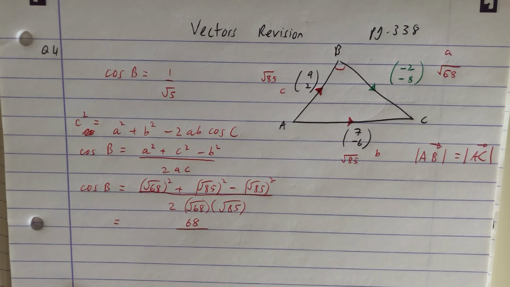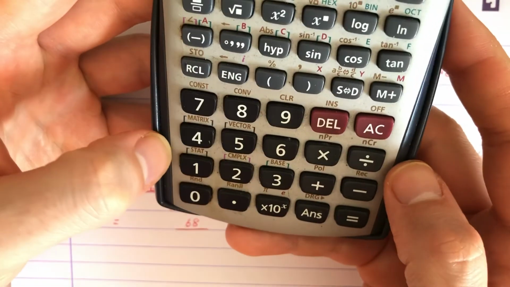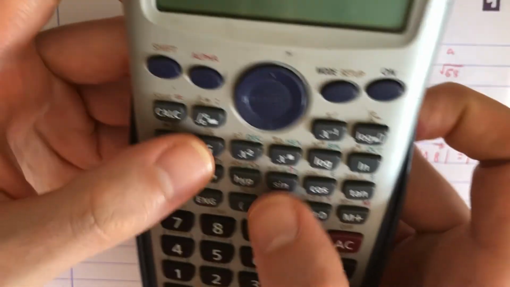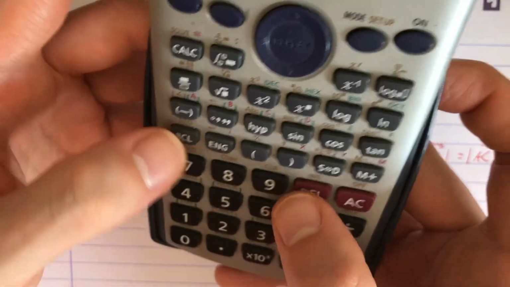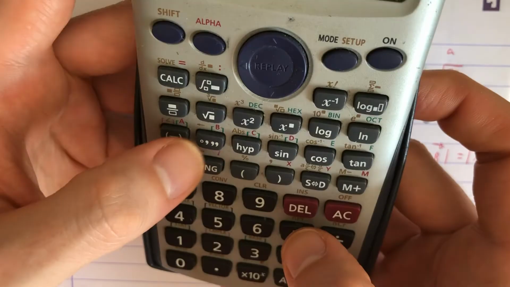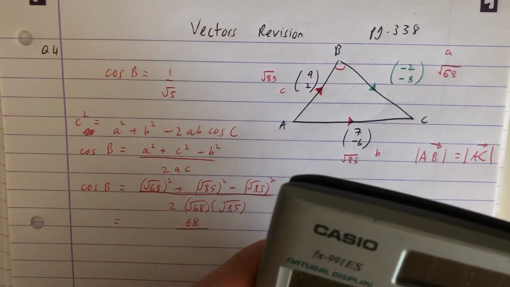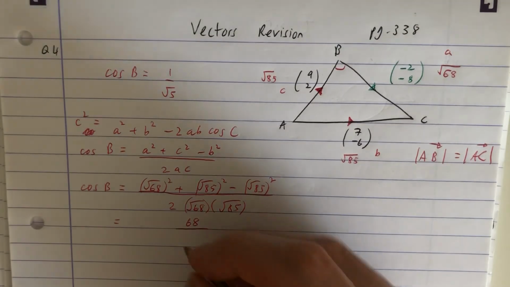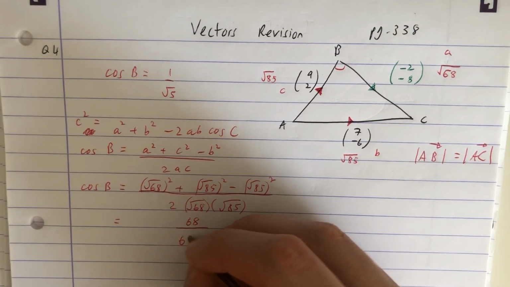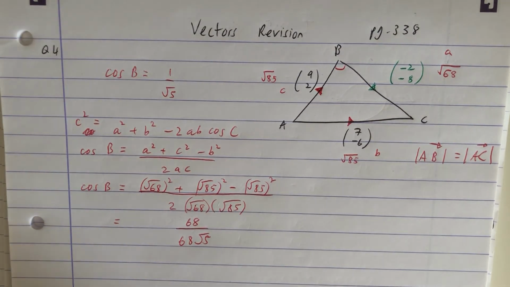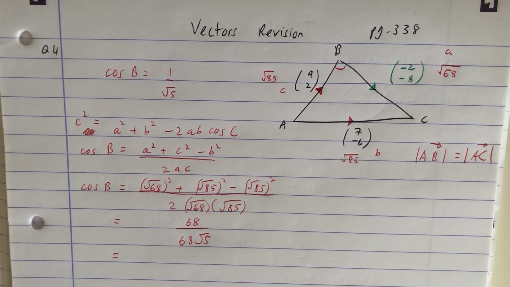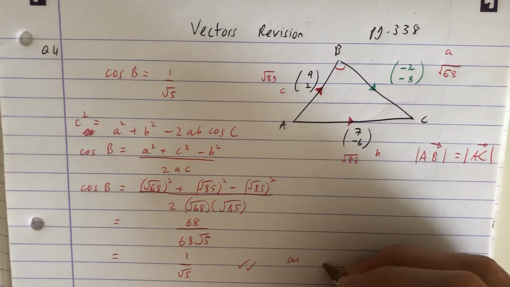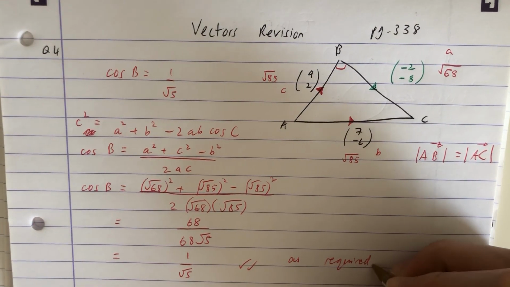And if you use your calculator to simplify the bottom, you'd get 2 times root 68 times root 85, which is 68 root 5. And if you simplify the fraction, you get the desired 1 over root 5 as required. And that would be it.